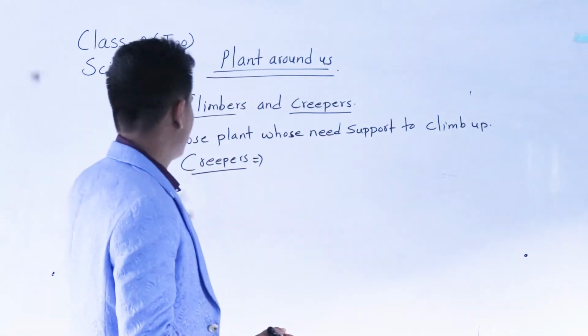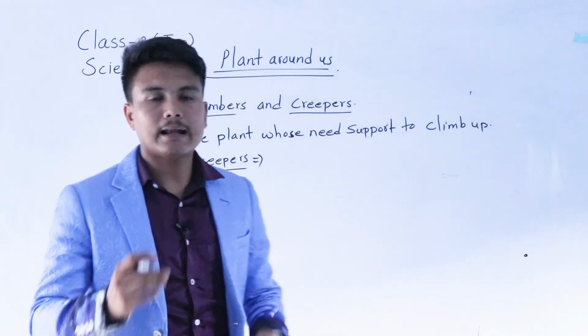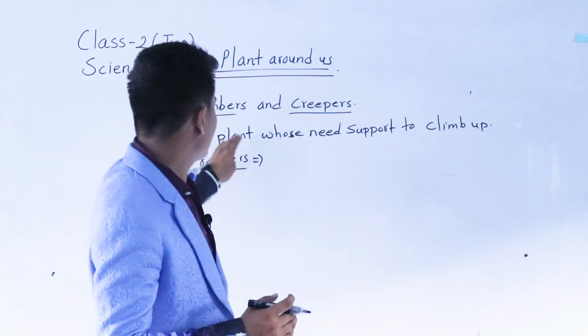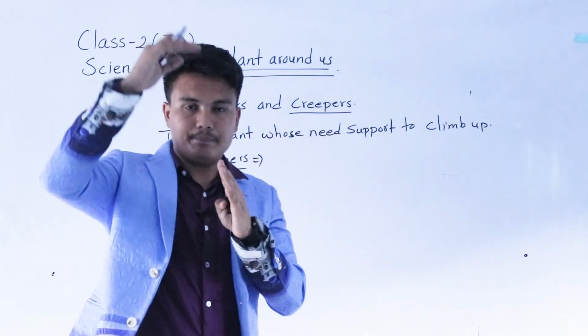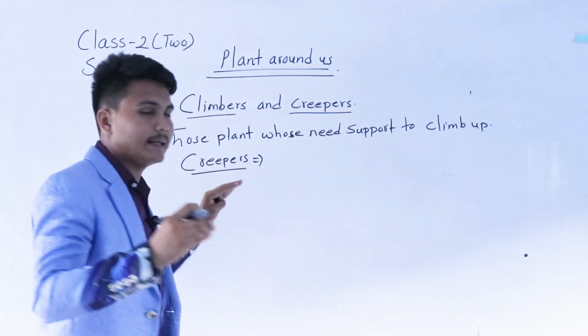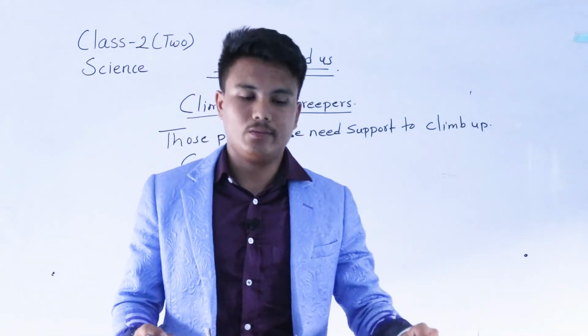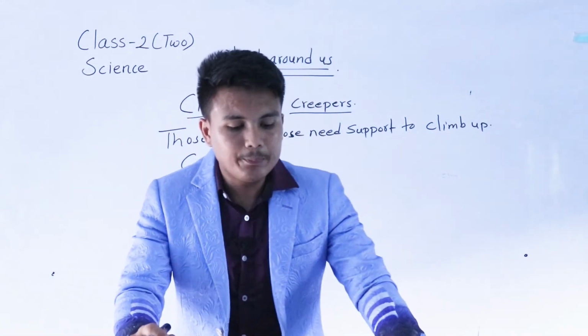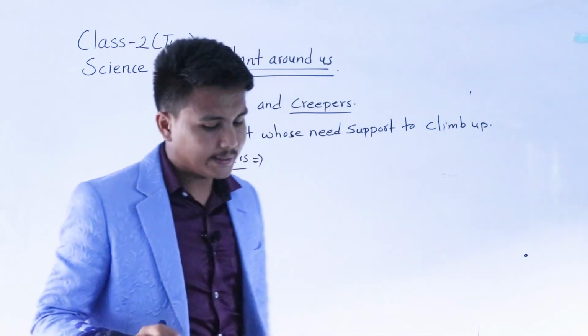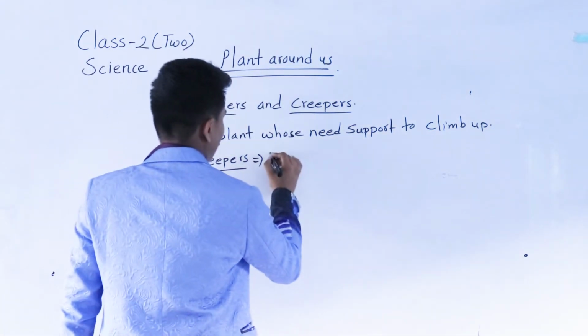So let's talk about the creepers. Climbers are those plants which climb up, whereas creepers basically grow towards the ground. Creepers have a soft and weak stem.